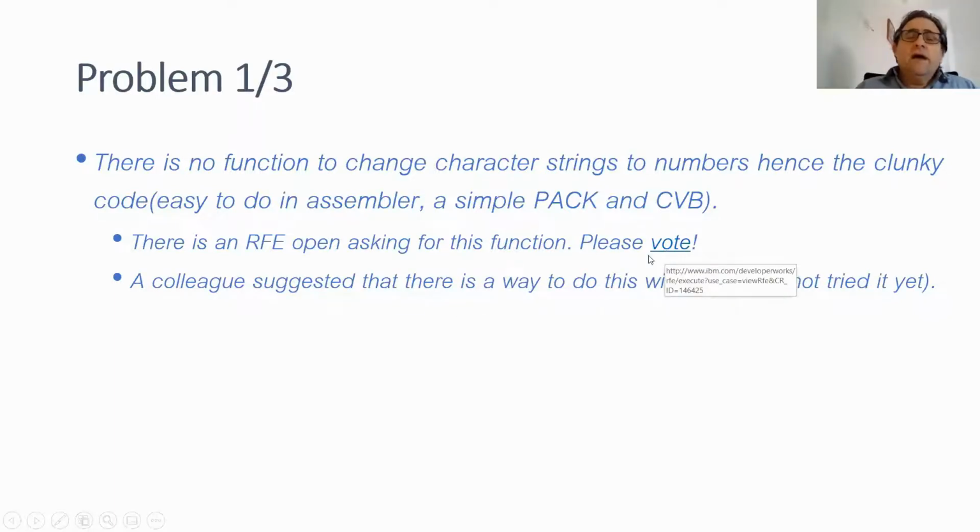And somebody did suggest that there's a way to do this in JSON. You have to code a little function in JSON, which will go through each character in that accounting string, and then turn it into a number. That's way out of my depth. My JSON is really nowhere near that. So maybe in the future I'll try that when I get my head around JSON.